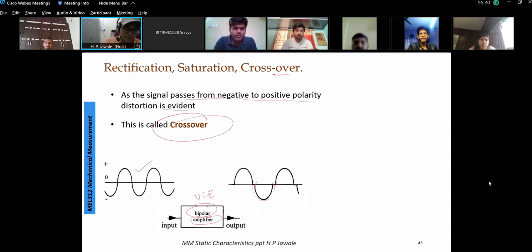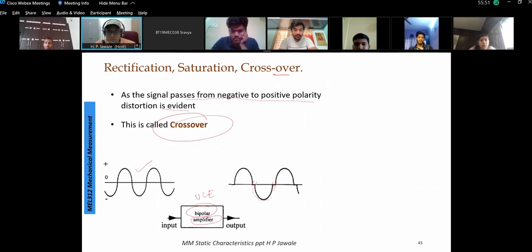Whenever we deal with the numerical part of static calibration, majorly we are willing to find out the behavior, or deviation in the behavior, of the mechanical measurement system. So I think with this we conclude our discussion on the properties.